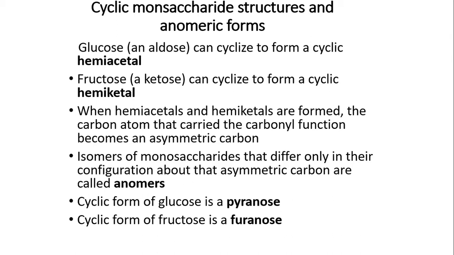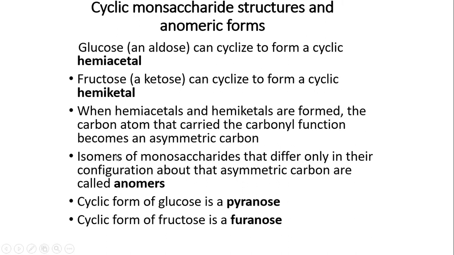So a little more terminology. Glucose, the aldose, and fructose, a ketose, can form ring structures. When they do this, we call the aldose a hemiacetal and the ketose a hemiketal. When these cyclic structures are formed, the carbon atom that's carrying the carbonyl functional group becomes an asymmetric carbon, or a chiral carbon, or an anomeric carbon is another term that we use.